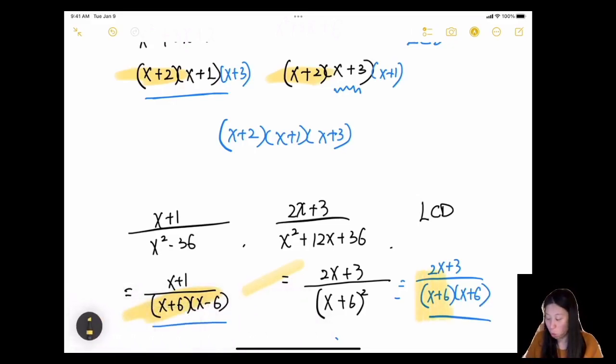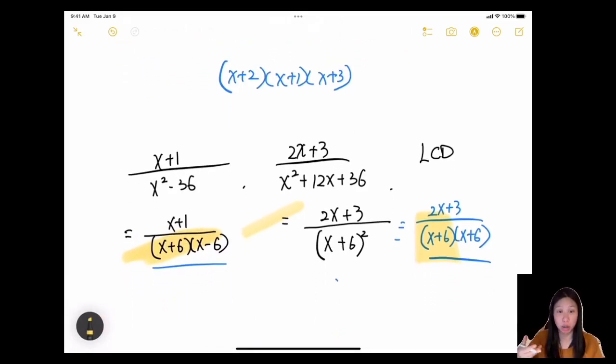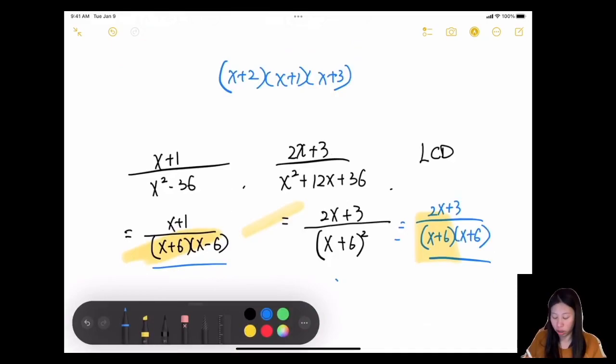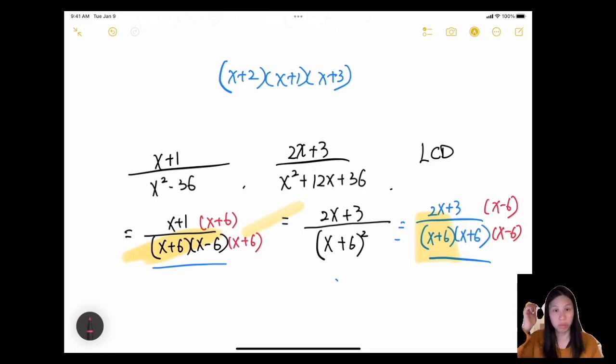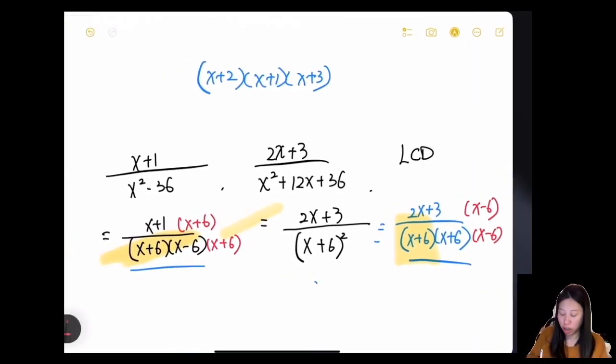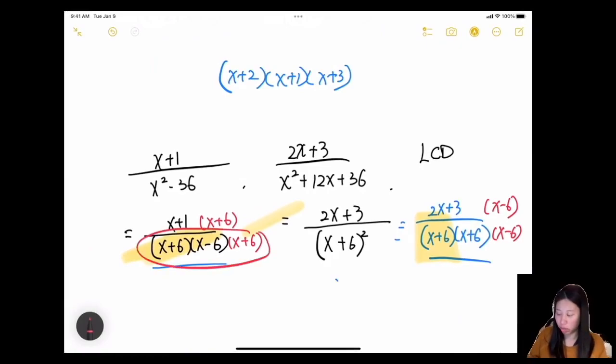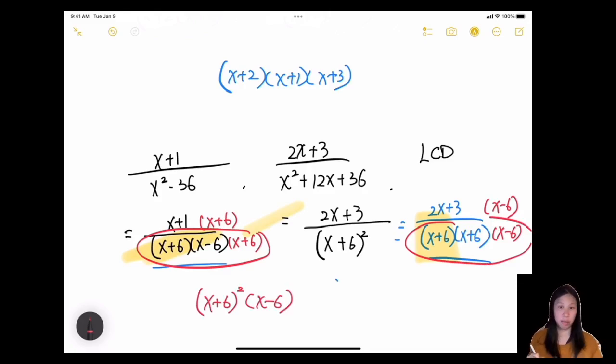They have one x plus 6 in common, so they're missing another one. So for the first function, you need to times x plus 6, and for the second one, you need to times x minus 6. So now they have the same common denominator, x plus 6 squared, and then x minus 6.